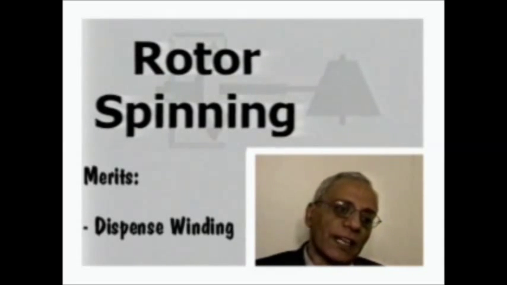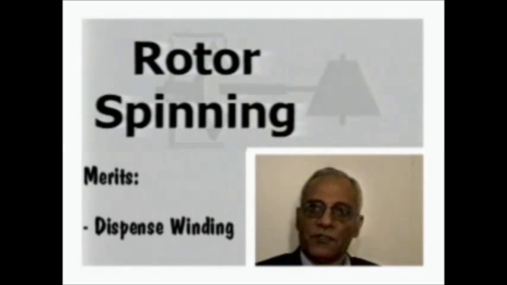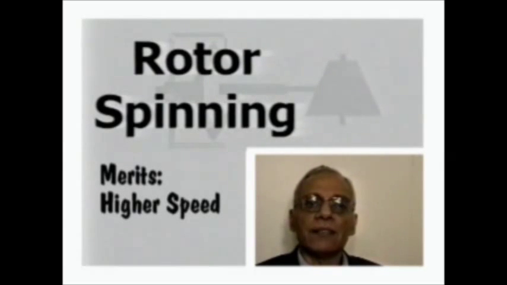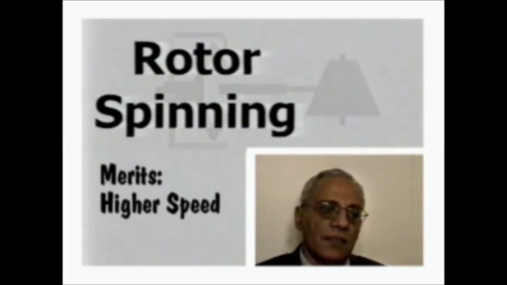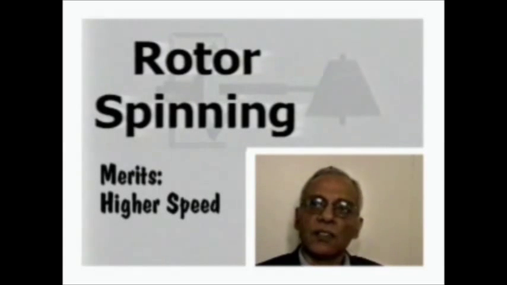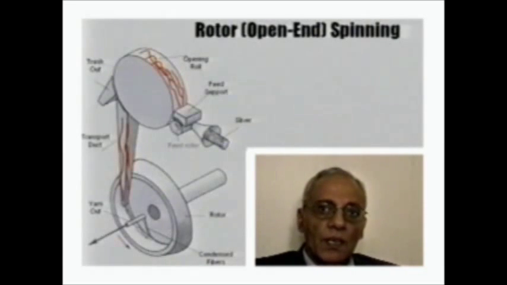Now, if we add to that the fact that the rotor spinning itself operates at much higher speeds than the ring spinning, then we are talking about a complete economical package that has attracted textile technologists and textile manufacturers in the 60s and until today to use rotor spinning.